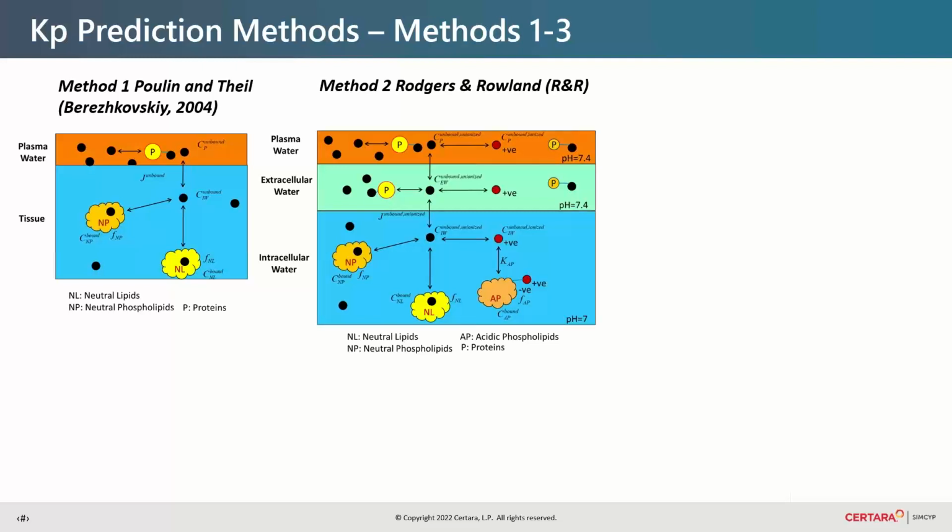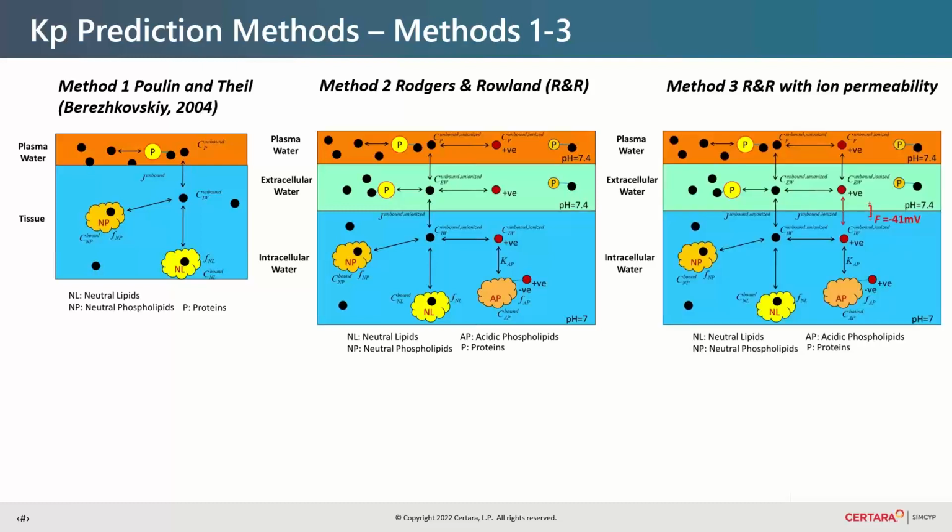The second model is based on the work of Rodgers and Rowland, where they split the tissue into the intracellular and extracellular water, and then within the tissue we're looking at partition of the compound into not just neutral lipids and phospholipids, but for basic compounds, also the interaction with acidic phosphate.